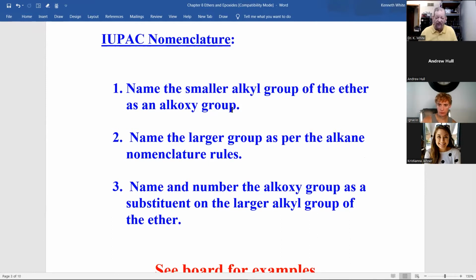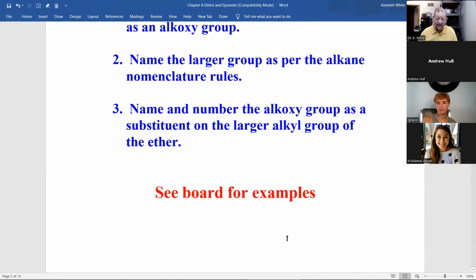RO is called an alkoxy group. Name the larger group per alkane nomenclature and name and number the alkoxy group as a substituent on the larger alkyl group of the ether. See, for example, this is why we use common and not IUPAC.